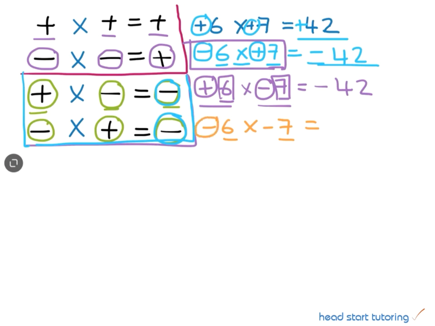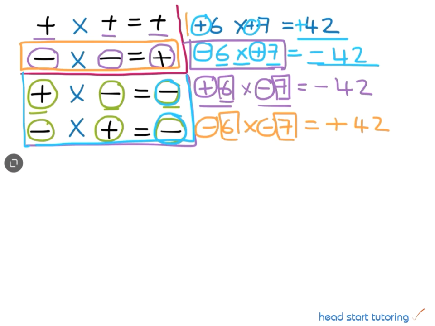So negative multiplied by a negative, we remind ourselves that when the signs are the same, the answer is going to be positive. So a negative multiplied by a negative will give us a positive answer, and then we say 6 multiplied by 7, which is equal to 42 again.